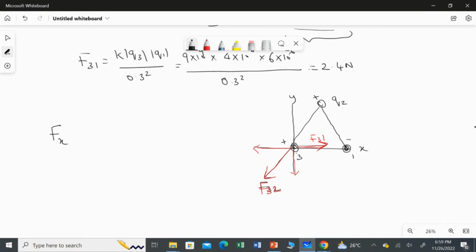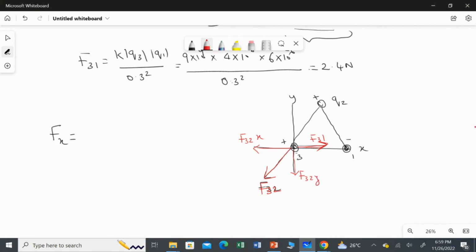The x component F of x is exactly equal to right side force, left side force. What is your left side force? This one is F of 3 of 2 x component. Am I right? And this one is F of 3 of 2 y component.